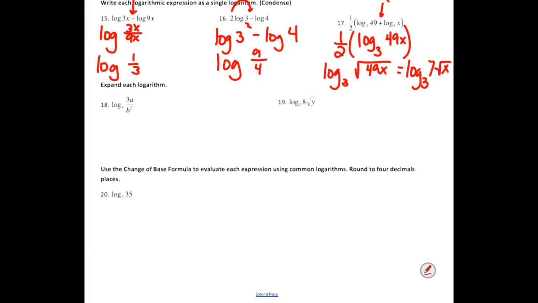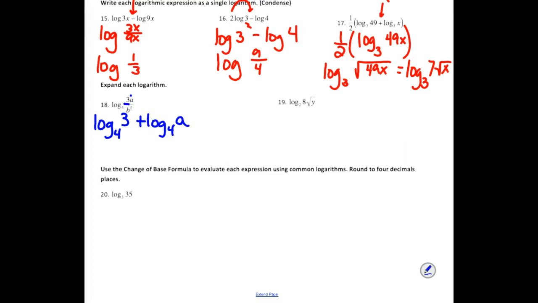The next piece has us expanding logs, so we're doing the reverse. In this first one, we're actually going to use all three of our log properties. We have a product, 3 times a. We have a quotient, the 3a is being divided by the b squared, and we have a power where the b is being squared. So pulling this apart, we'd have log base 4 of 3. A product here gets split up as addition, so log base 4 of a would get added in.